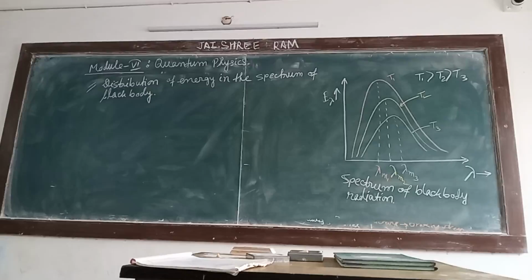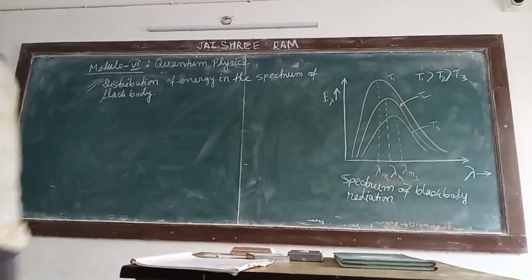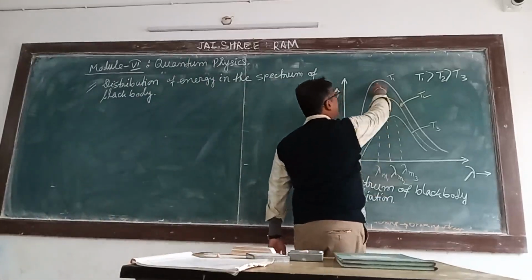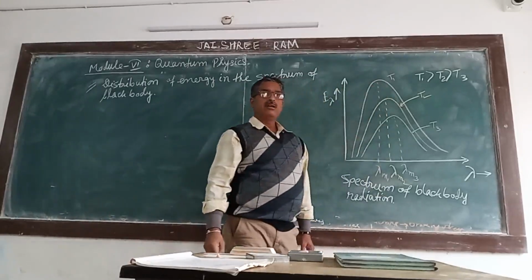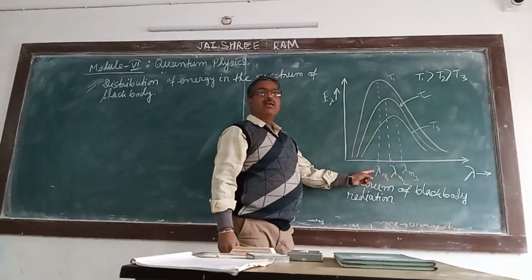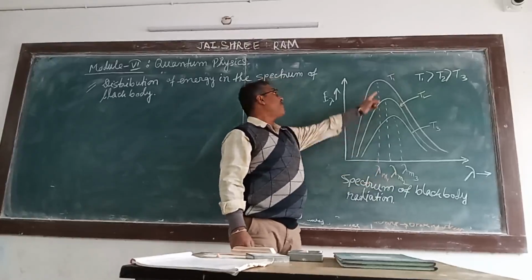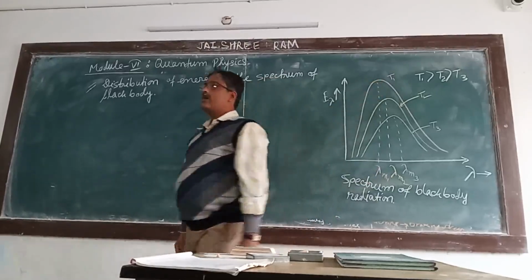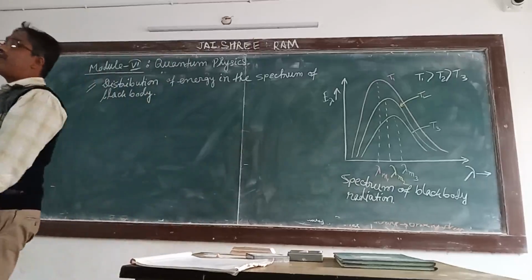Now what is lambda m? Lambda m1, lambda m2, lambda m3. Lambda m is the wavelength at maximum intensity.